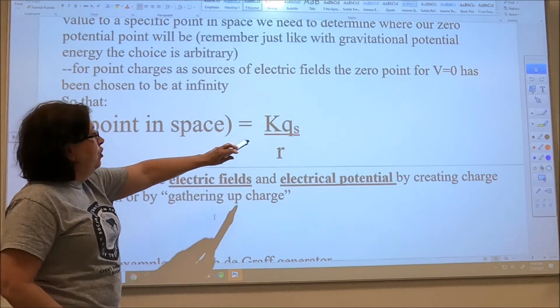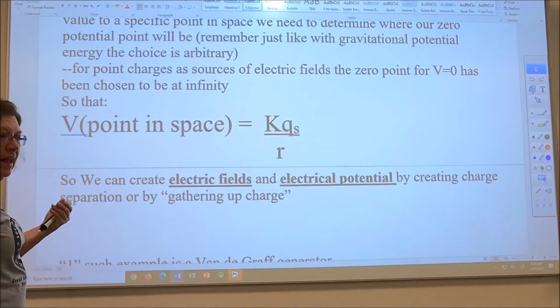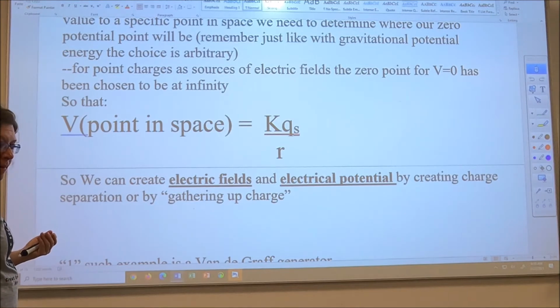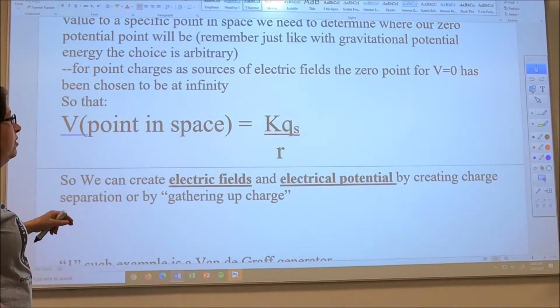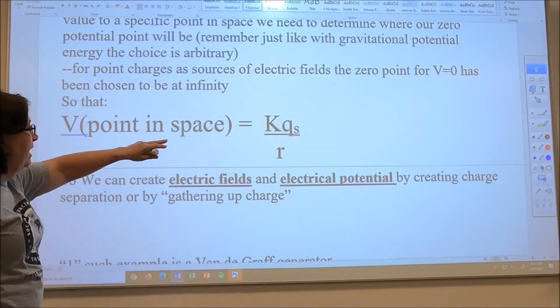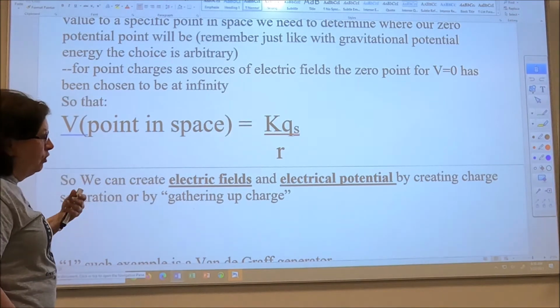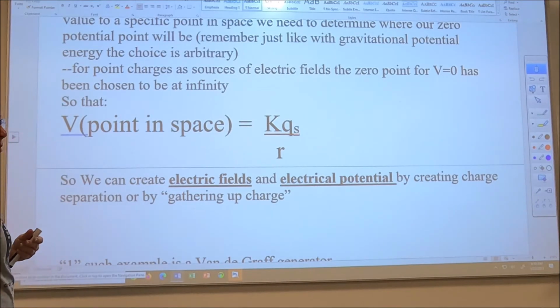So notice, if the Q_S is negative, then the potential closer to the source charge is going to be a larger negative value, which means a lower potential. If it's a positive charge, I'm going to get a larger positive value when I'm in closer, which would mean a higher potential.